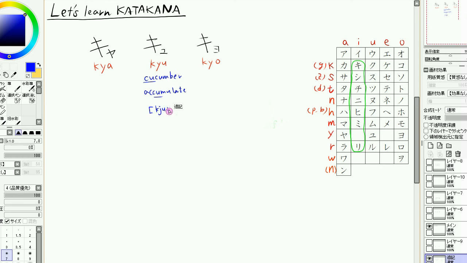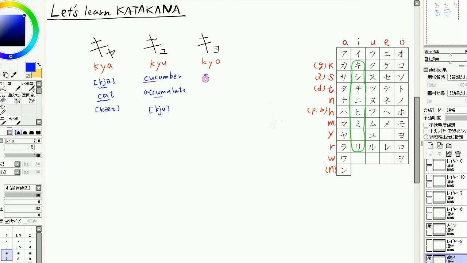This sound, kyu. English has this sound, but actually these sounds aren't in English. It should be like maybe this, kya. It's pretty similar to what we see in cat. I guess it's almost the same, but theoretically, it should be this expression. So maybe it's not exactly the same.